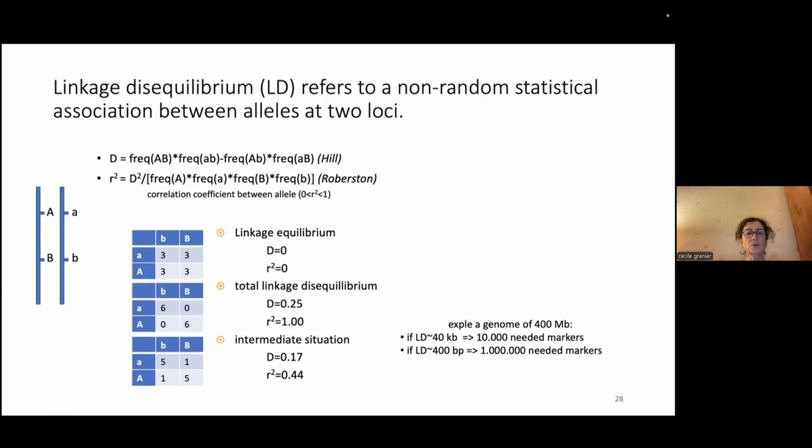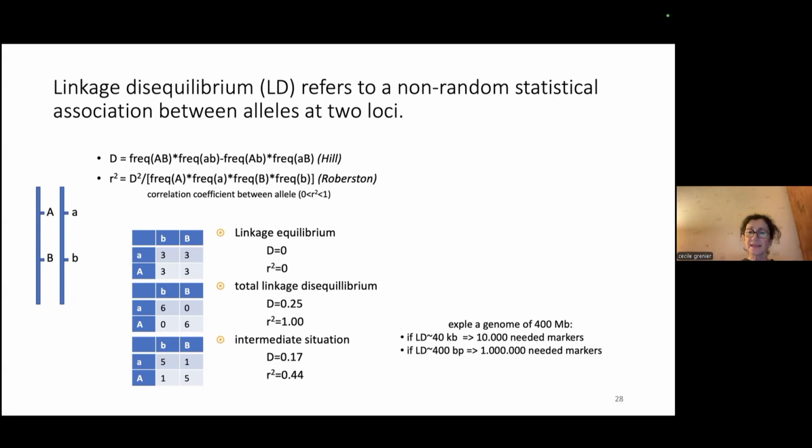It is important to know the linkage disequilibrium estimated in the genome, because that will tell you how many markers you need to really characterize the genomic diversity of your species. If you have very tight, big linkage disequilibrium, that means that you have blocks of chromosome that are segregating together. If you have big blocks, you don't require many markers to characterize your genome.